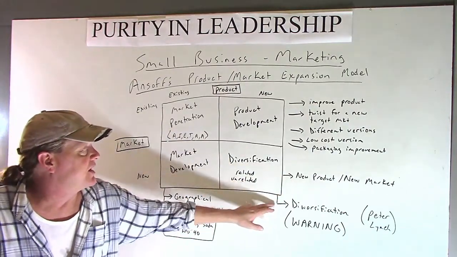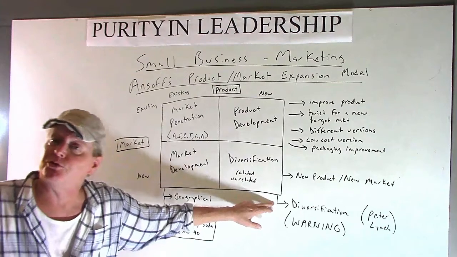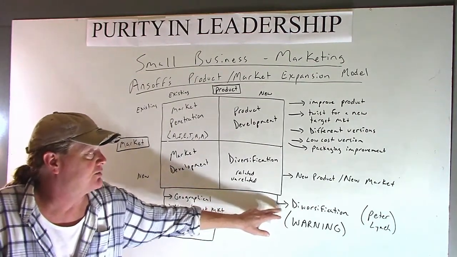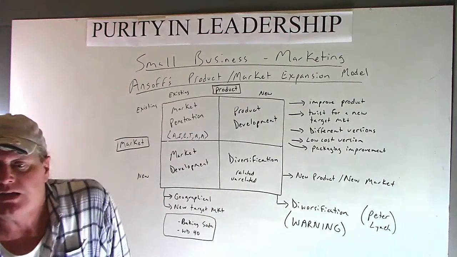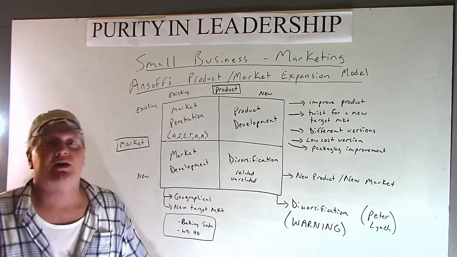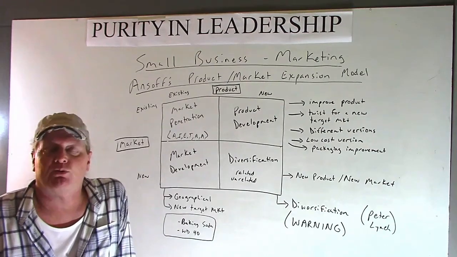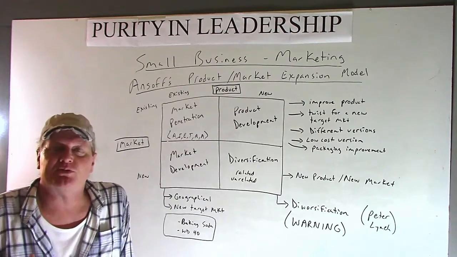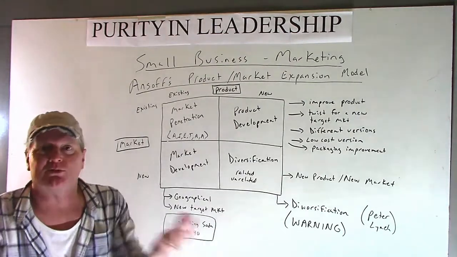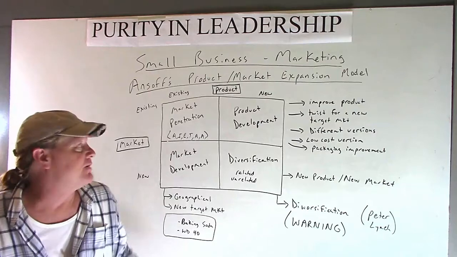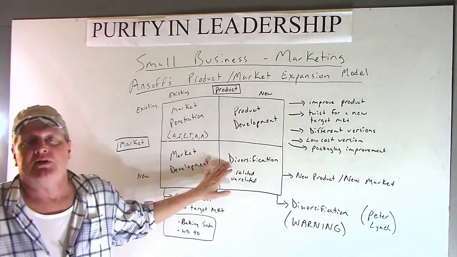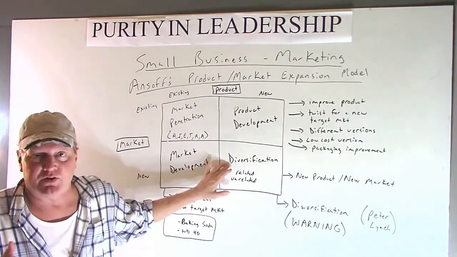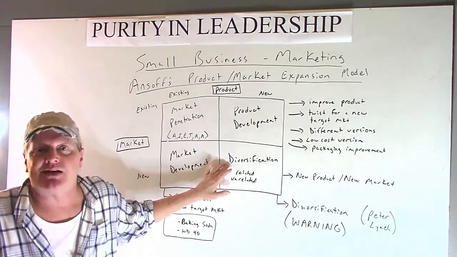Now, there is a concept from Peter Lynch. For you investors out there, you need to go look up Peter Lynch. And he has a term called diversification. In his case, he's talking about diversifying your stock portfolio so you're not susceptible to the same little problems in the stock market. A simple example would be, you might invest in AT&T, which is telecommunications, and then you might invest in Pfizer, which is drugs.